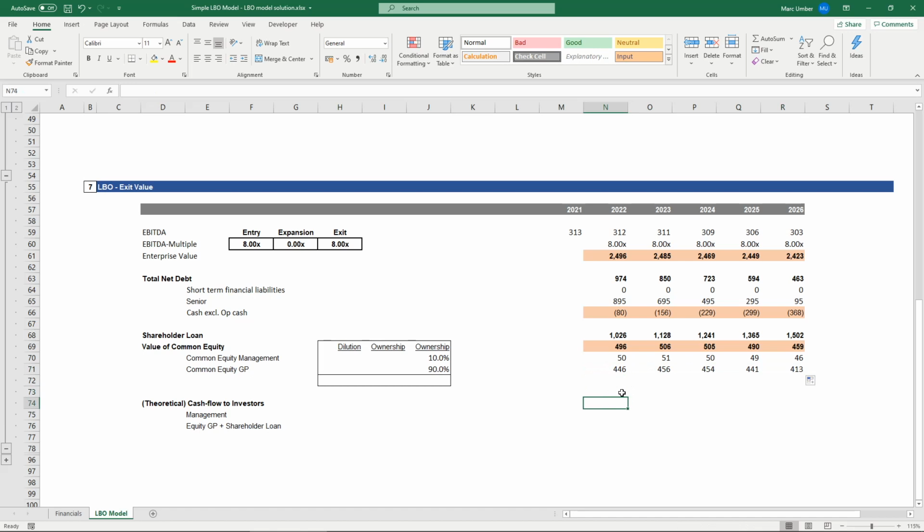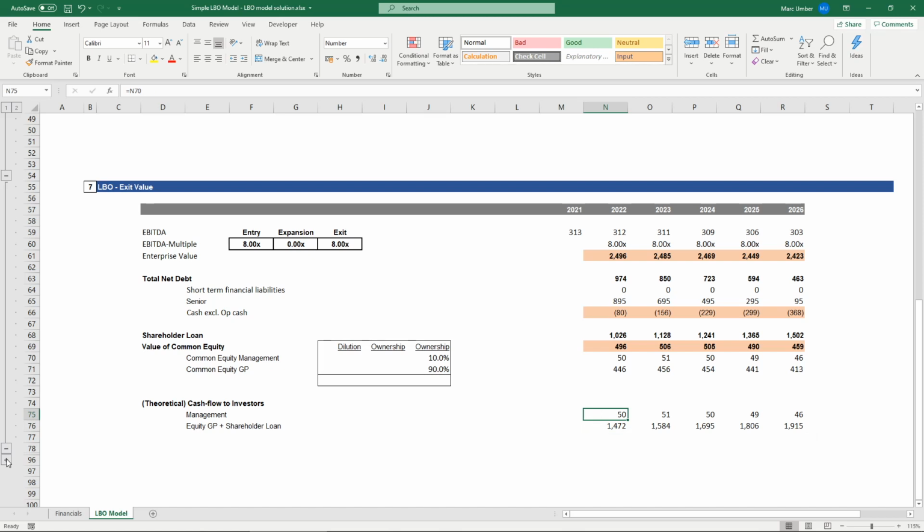And now we can calculate the theoretical cash flows to the equity investors, that is the management. That is straightforward. They hold common equity, that is it. And the general partner, which is holding the common equity plus the shareholder loan. And we have hypothetical future cash flows, which we can use to calculate multiples and IRR.